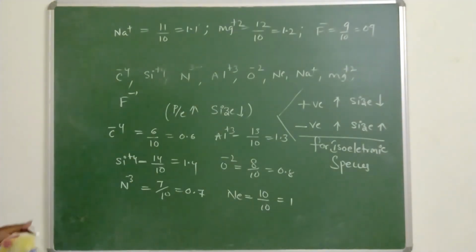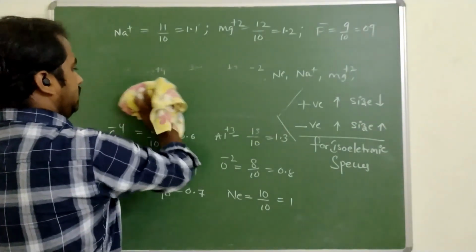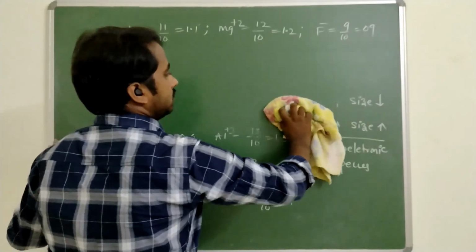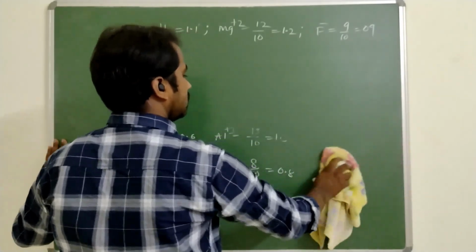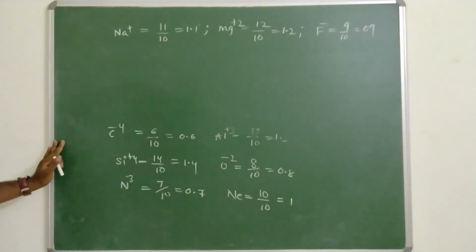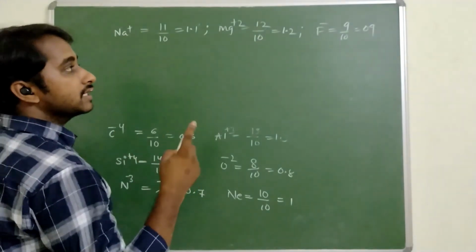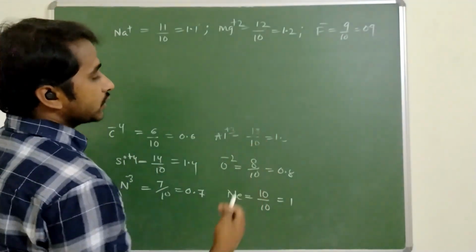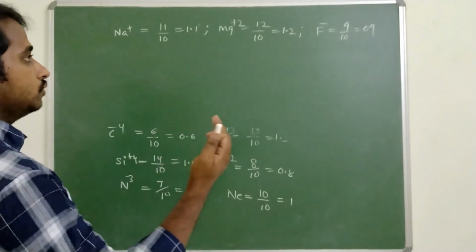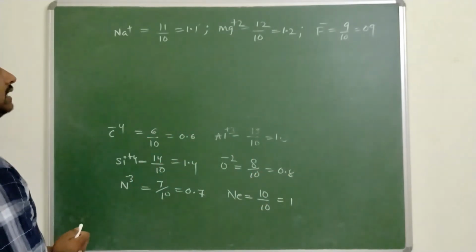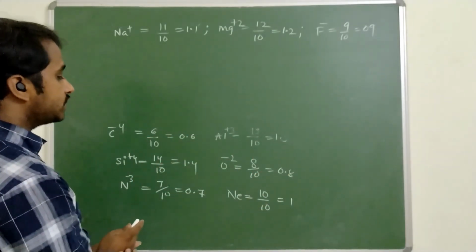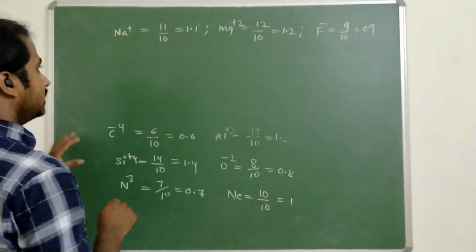If you want increasing order of size, we need to start from the least size to the highest size. The least size is always from the highest P by E ratio.